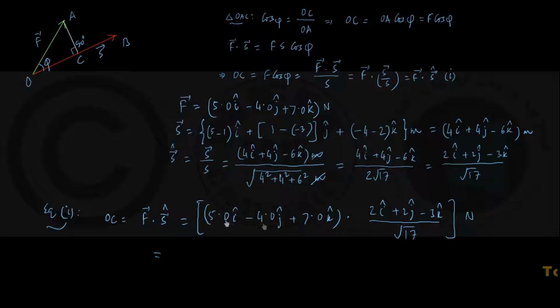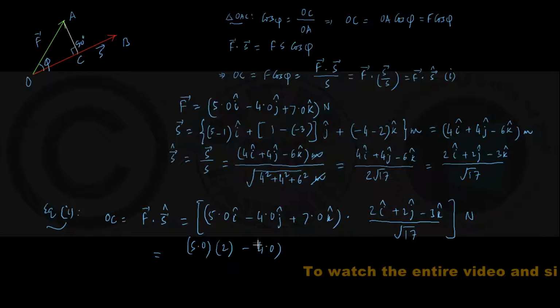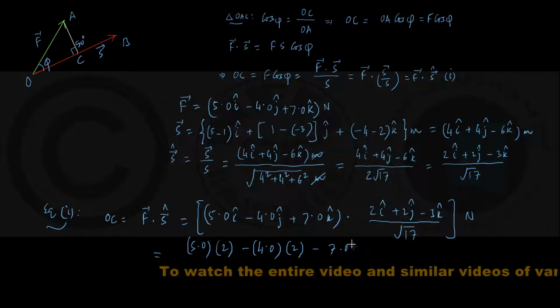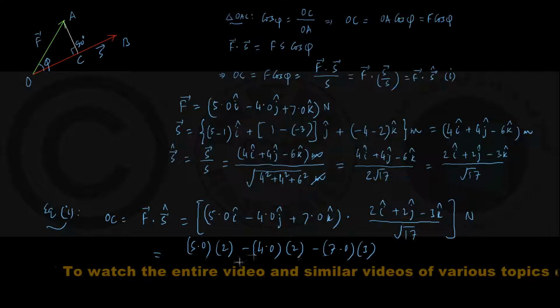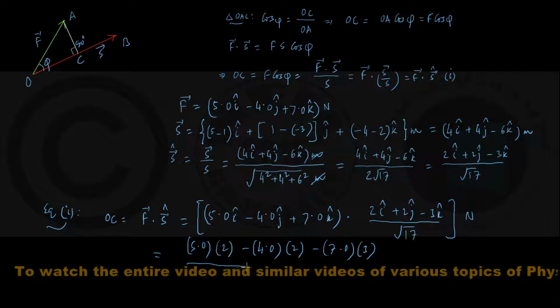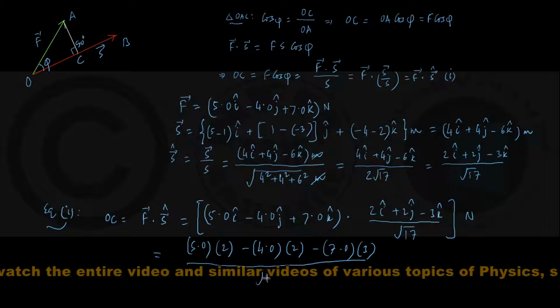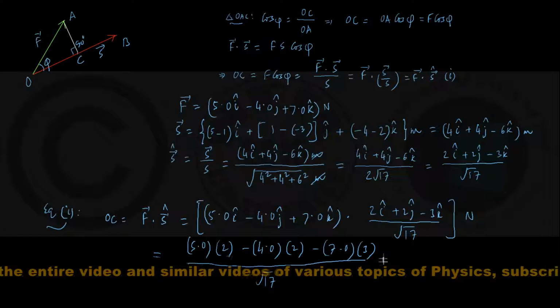Therefore, it's 5.0 into 2 minus 4.0 into 2 minus 7.0 into 3. The scalar quantity divided by square root of 17 Newton.